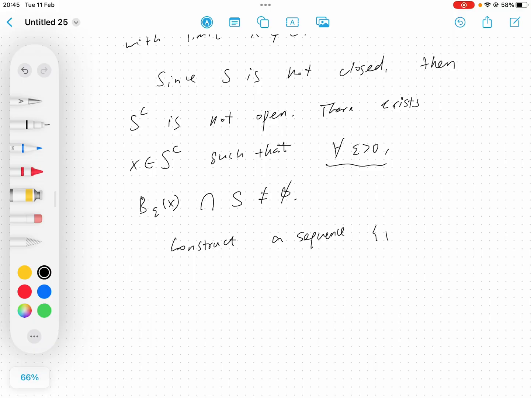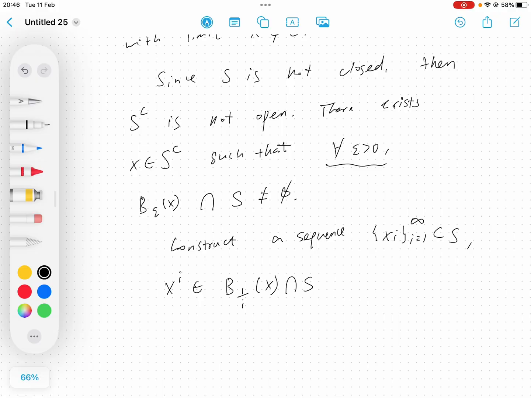It's going to be xi from 1 to infinity in S. And we want to show that this xi will be an element of a ball, but we have this radius as 1 over i, with center x, intersect S. We simply construct such a sequence.